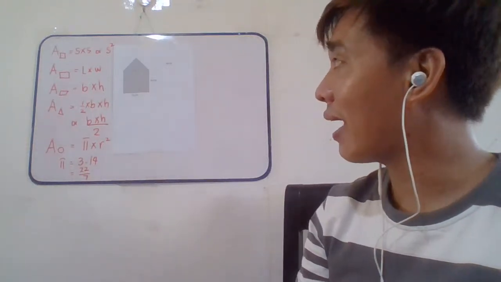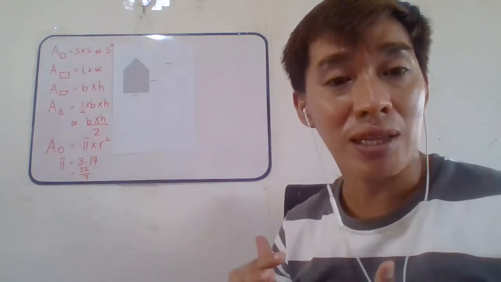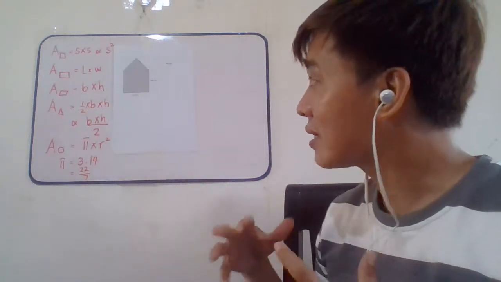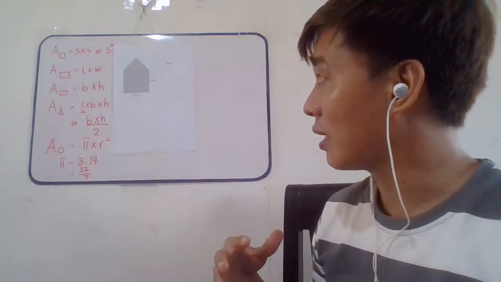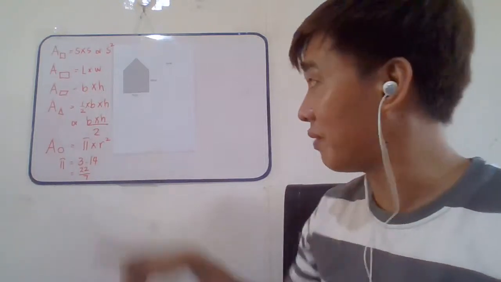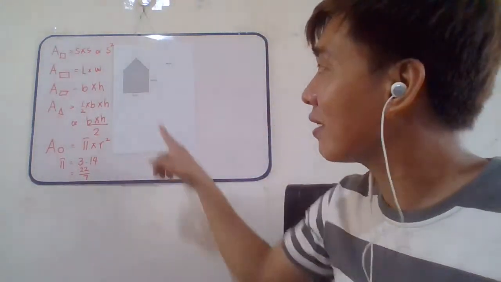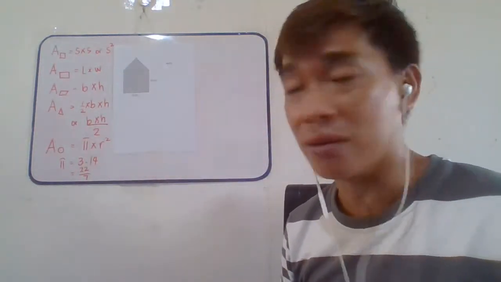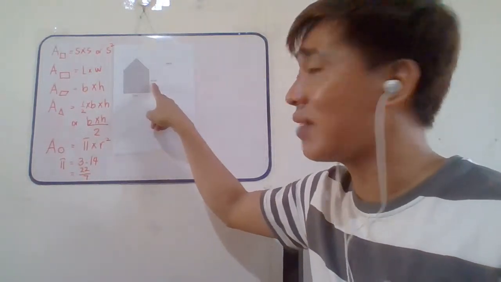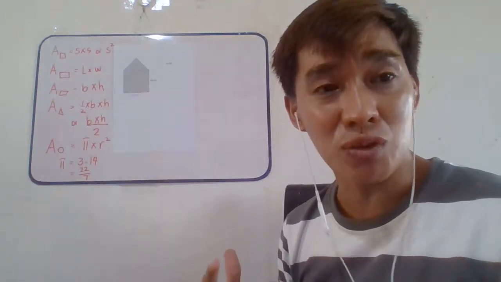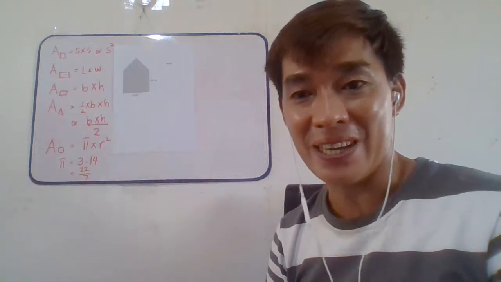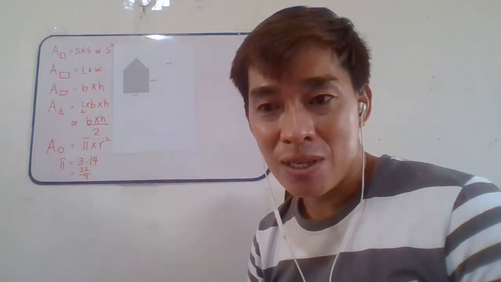How do we get the area of this figure? Actually, it looks like a house, but this figure is composed of a triangle at the top and, I think, a rectangle below. It's a rectangle because one side is 5 and the other side is 6, so the two sides are not equal.